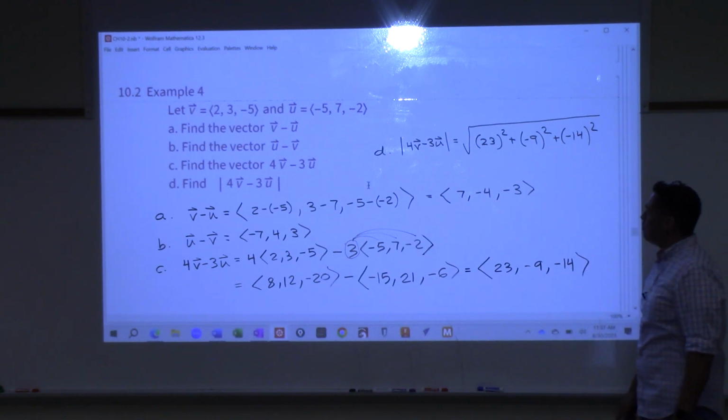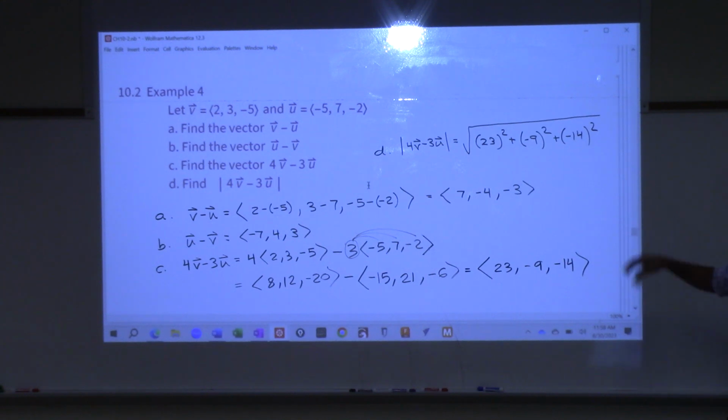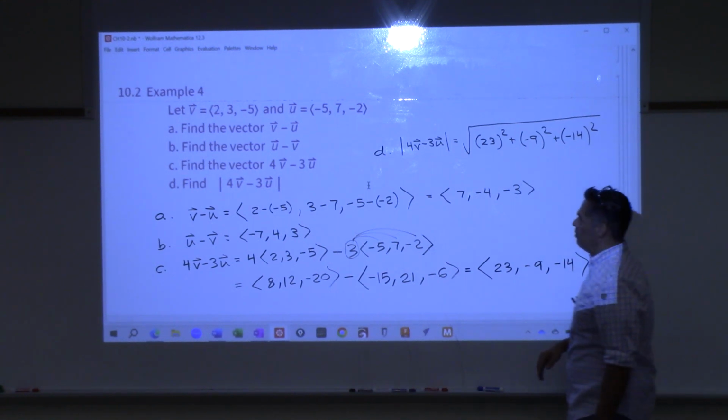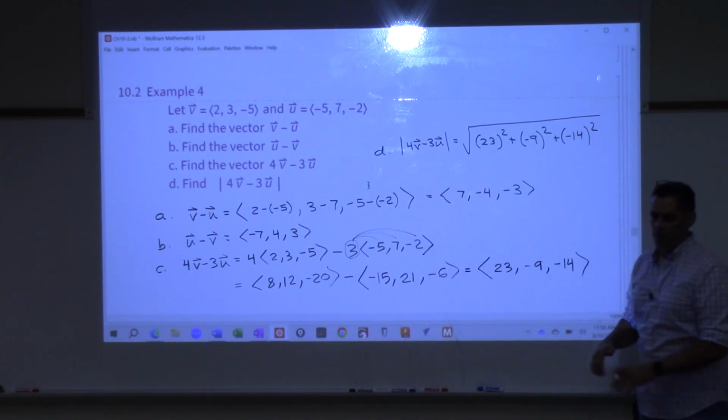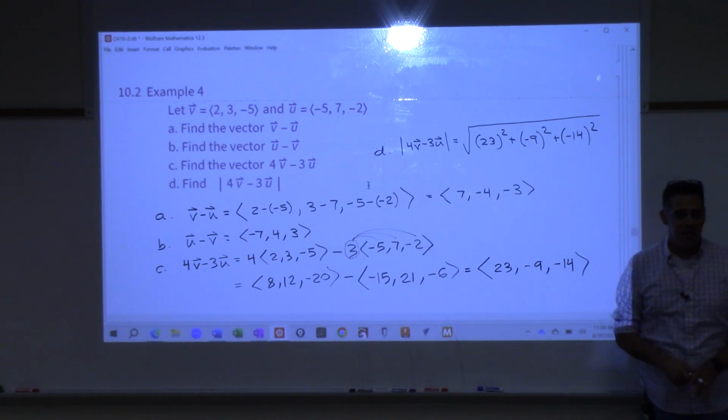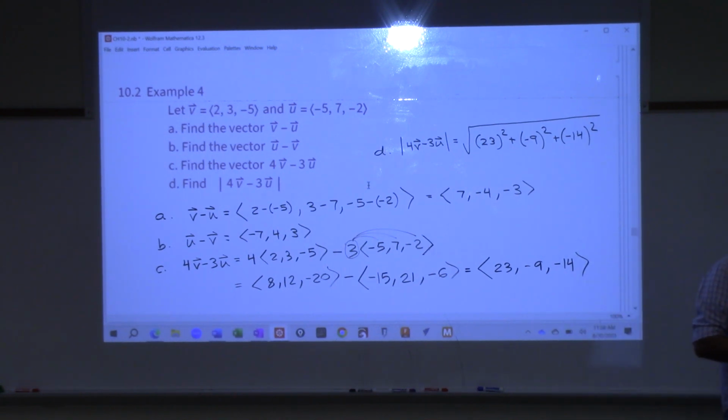We could get a decimal approximation, or we could use an exact answer and just leave it as like root of whatever. I don't really care at this point. That's not that important. The important thing is us being able to use that formula. Any questions on that? Did anyone do it? I see some calculators coming out. I'll wait.